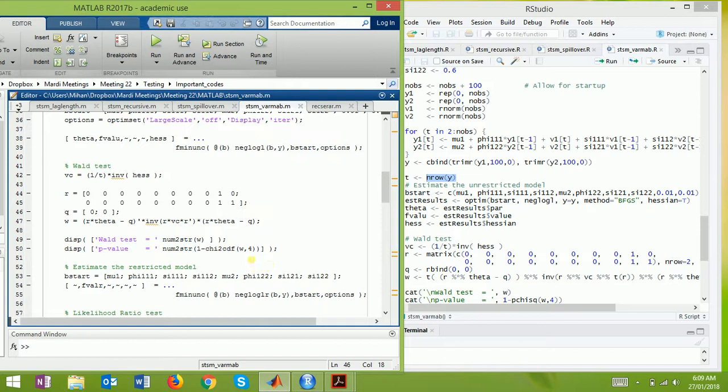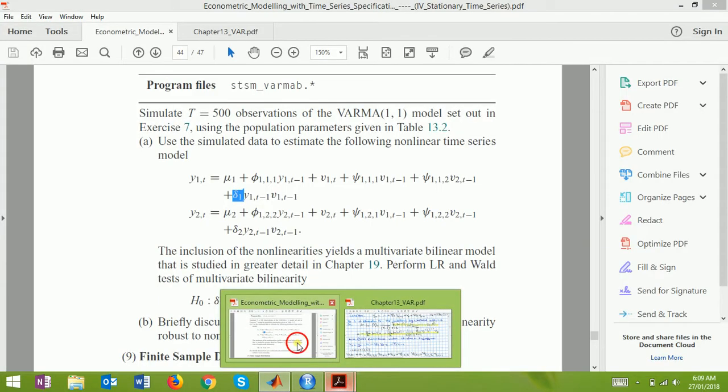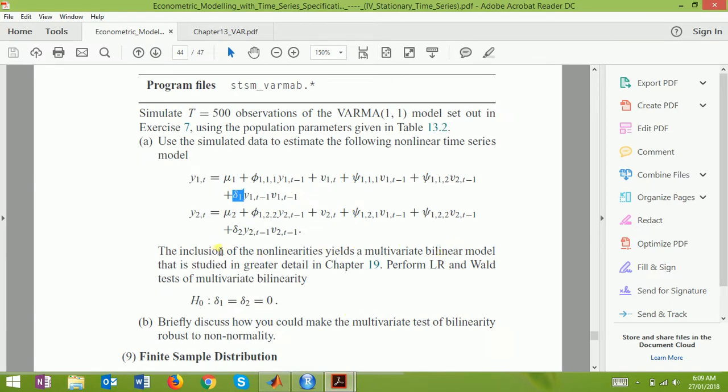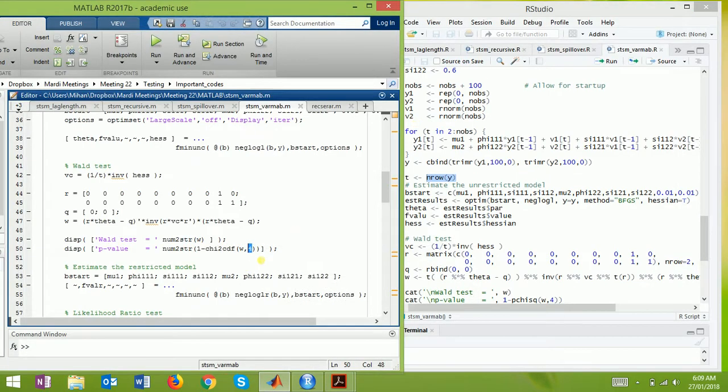And obviously 4 degrees of freedom, because if we take the difference, from unrestricted to restricted, we'll probably be losing 4 elements. So you see, these are the elements we are concerned with. So 4 elements will be lost, so degrees of freedom will be 4.